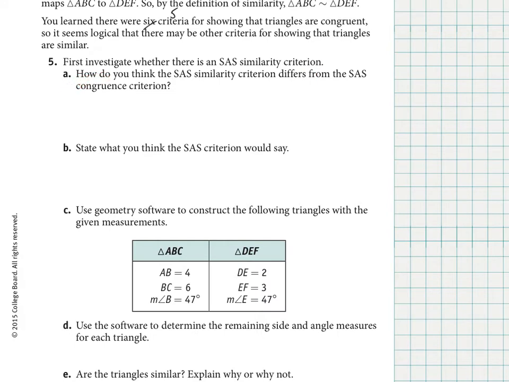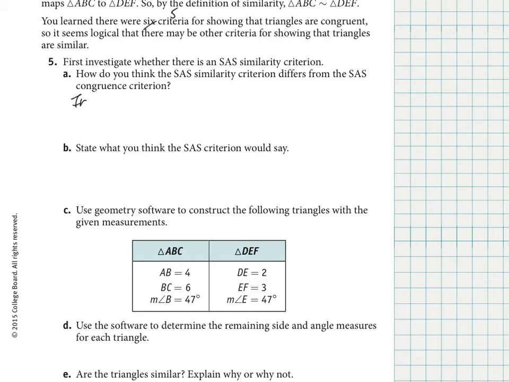Looking at this, it says, how do you think the SAS similarity criterion differs from the SAS congruence criteria? So think about that. Think about how similarity is different from congruent. Now, remember, with congruence, we know that the side lengths have to be equal, whereas if we're looking at similarity, we know the side lengths just have to be proportional. So that's what we're going to focus in on.